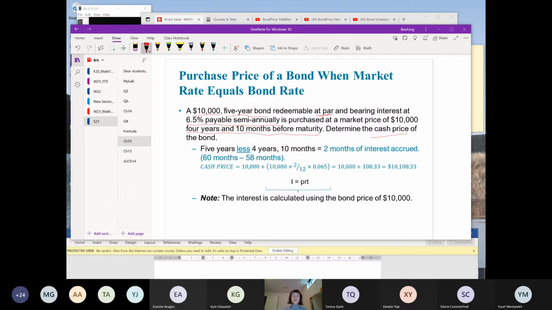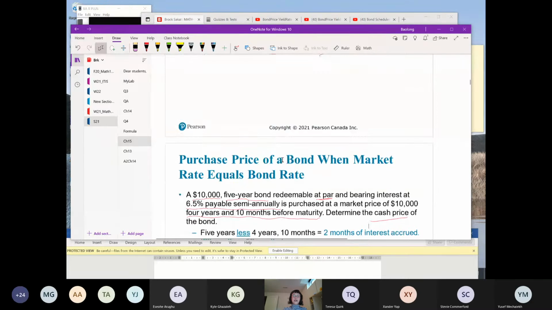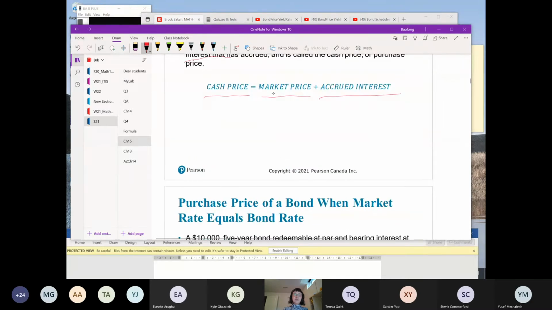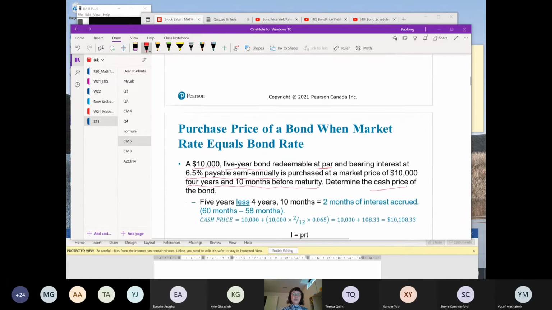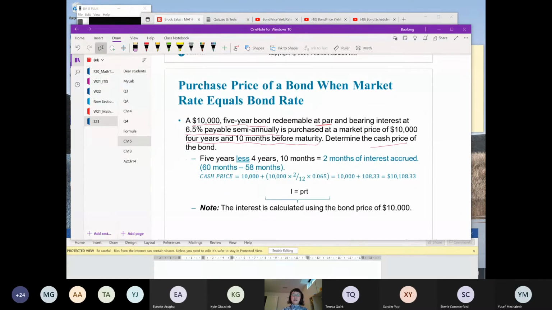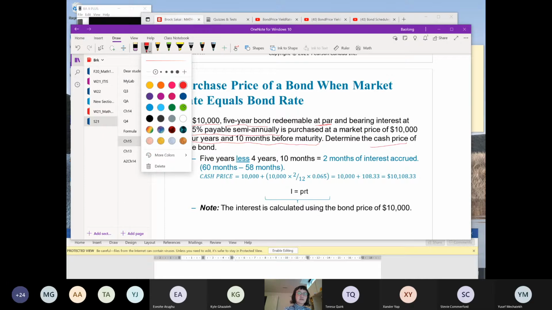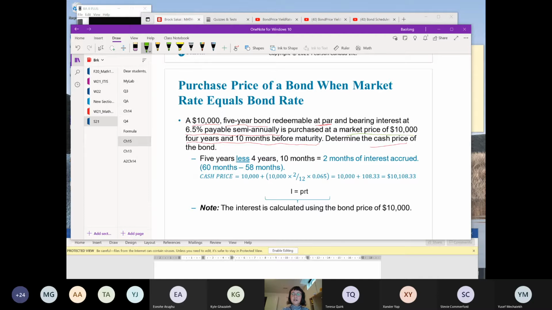Remember, cash price has two parts. One is market price, the other is accrued interest. The market price is 10,000. This is the first part.